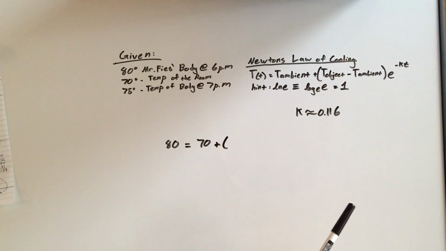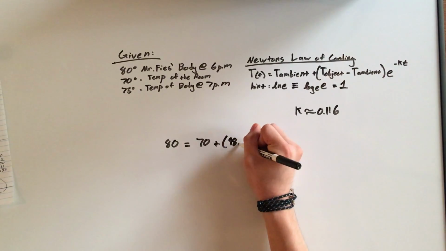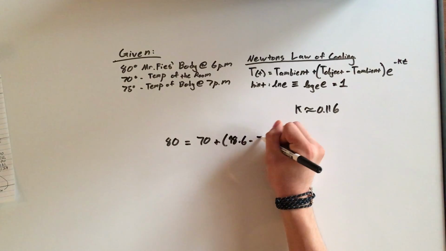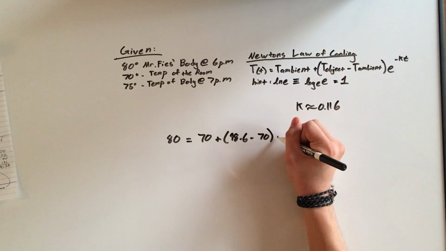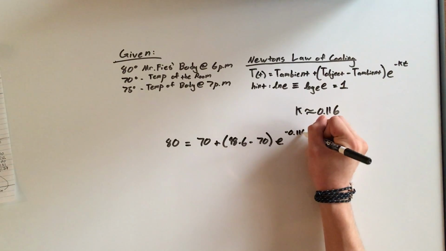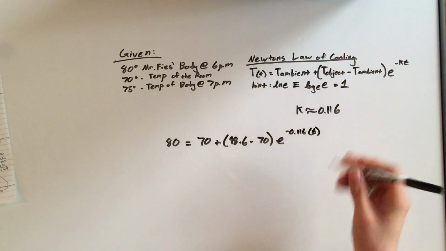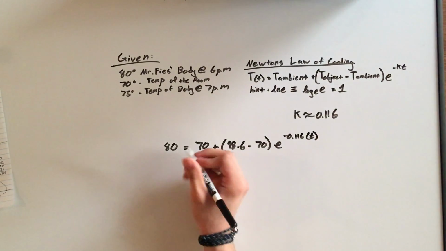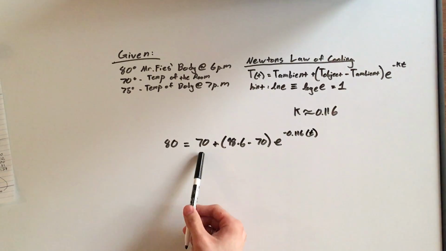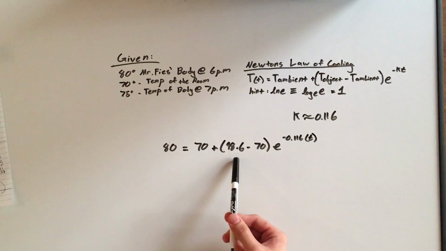And a normal person would have a temperature of 98.6 degrees. So we're going to use that. And it's just the same process all over again, except now we have k, and that can help us find our unknown t.